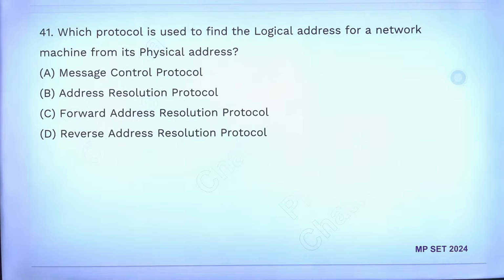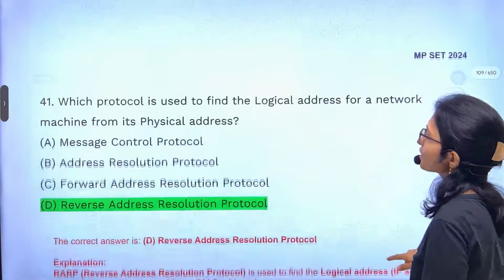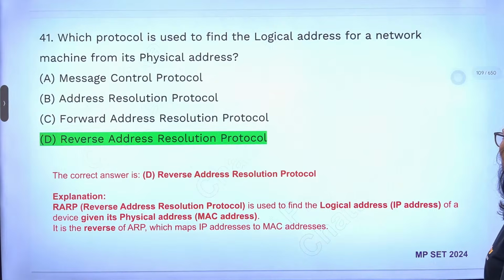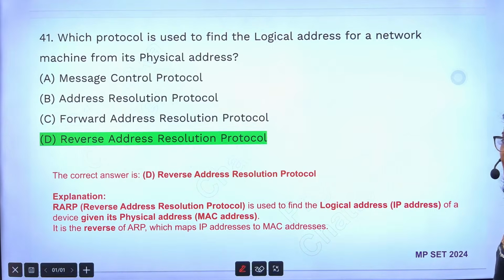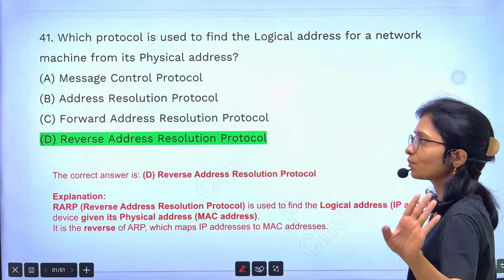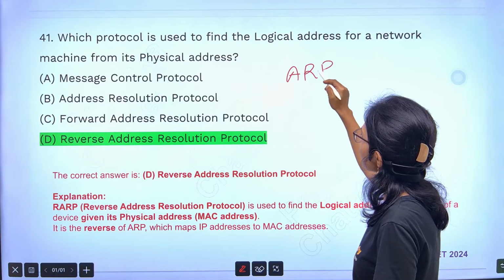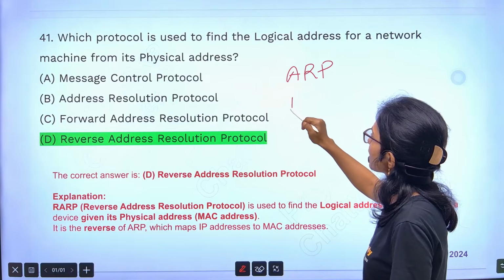You have to be very careful about the twist. Here you are making mistakes. See which one is your input and which one is your output, you need to remember that, otherwise you will make a mistake. You all know ARP, that is address resolution, and here RARP.